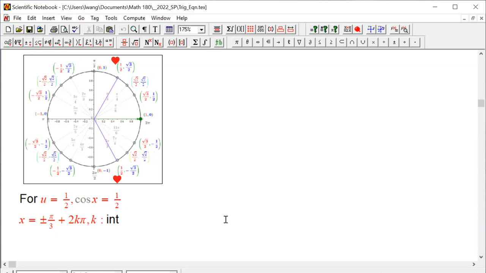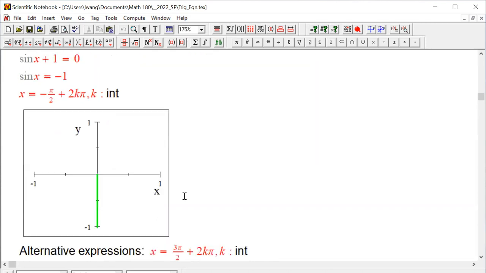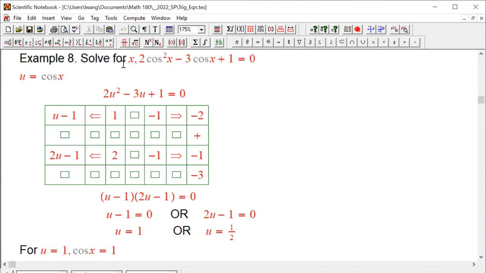Okay, so finally, the solutions are, right? Solutions to what? Solutions to this, where's my cosine? There. The solutions to this piece.